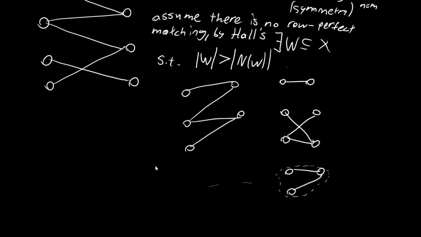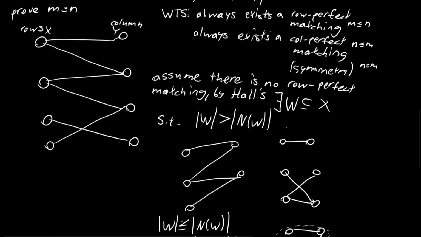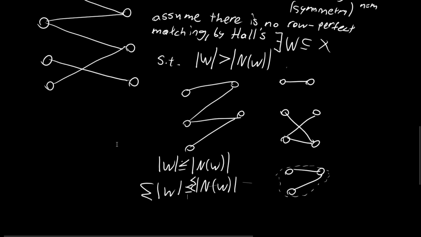Because if for each connected subset we have less than or equal to, then if we sum over all of them, this inequality is going to remain, since they are disjoint because they're not connected. That's the whole point. Oops, this is supposed to have a sum. Therefore, there exists a connected subset that does not satisfy the marriage condition. And now we're going to strive for a contradiction using what we're given in the problem statement.